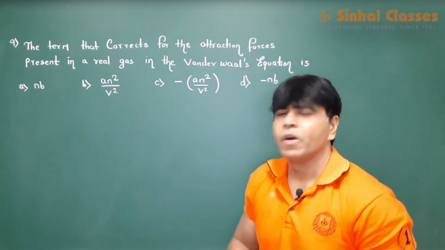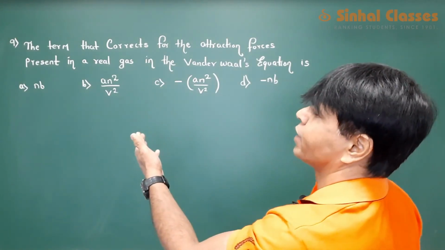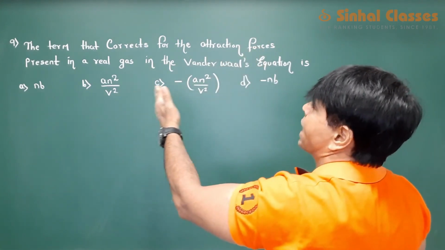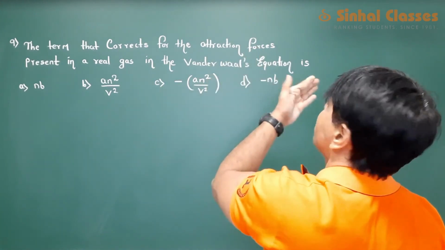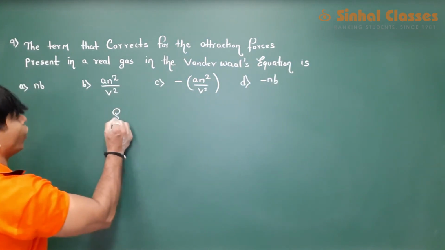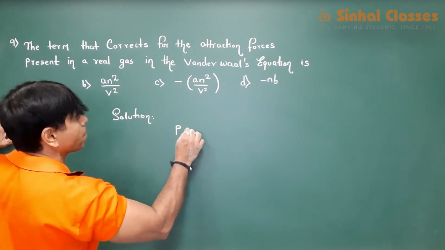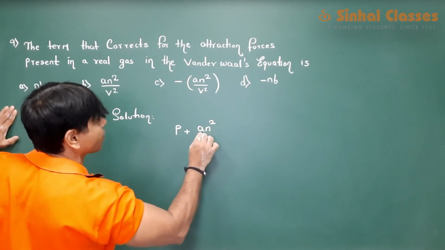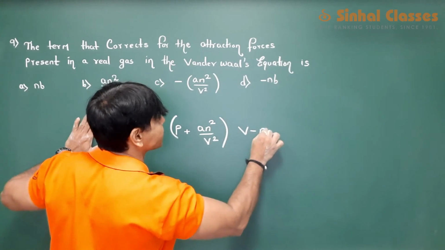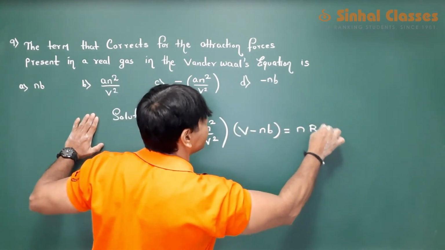Let's see this question, which is based on the previous question we had done. It is similar to it. The term that corrects for the attraction forces present in a real gas in the van der Waals equation is. So we already know the van der Waals equation, which is (P plus an square by V square) into (V minus nb) is equal to nRT.